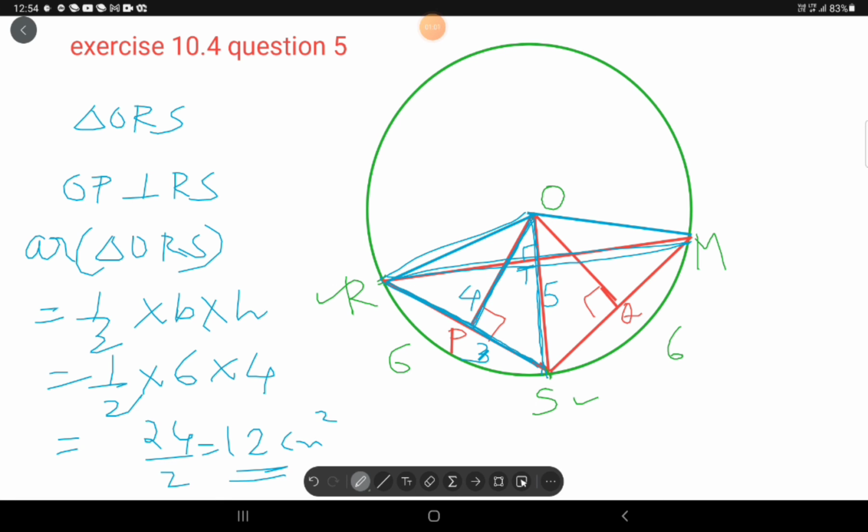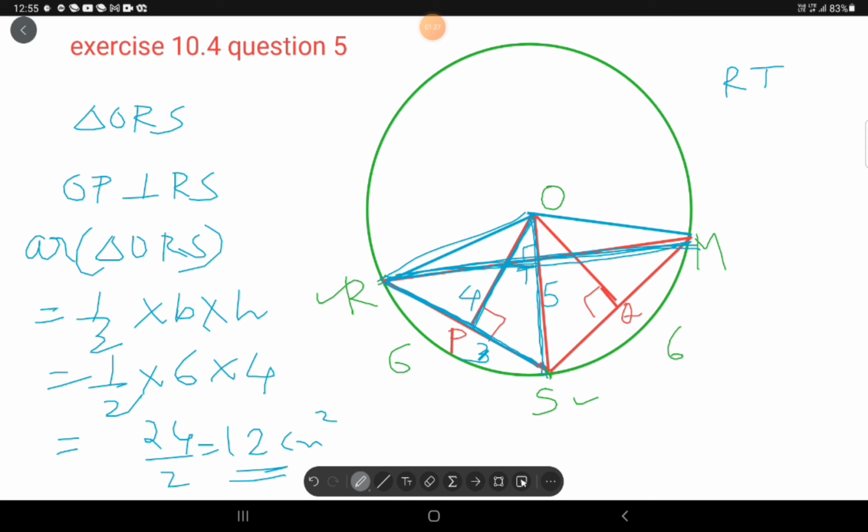Now we have to find the length RM. And see, OT is perpendicular to RM. So RT and TM are equal. So if we get RT, then its double will be RM. So our intention is to find the length RT.